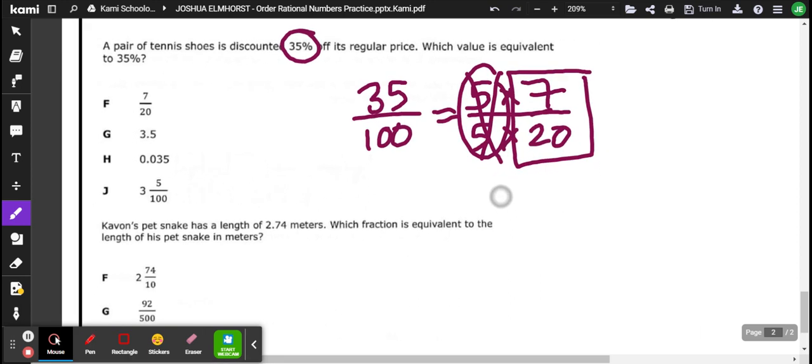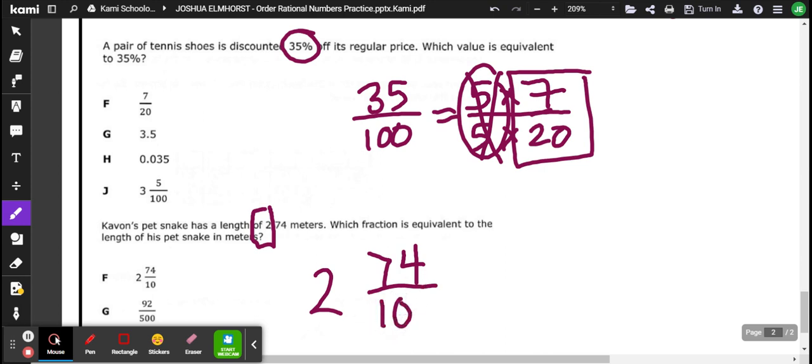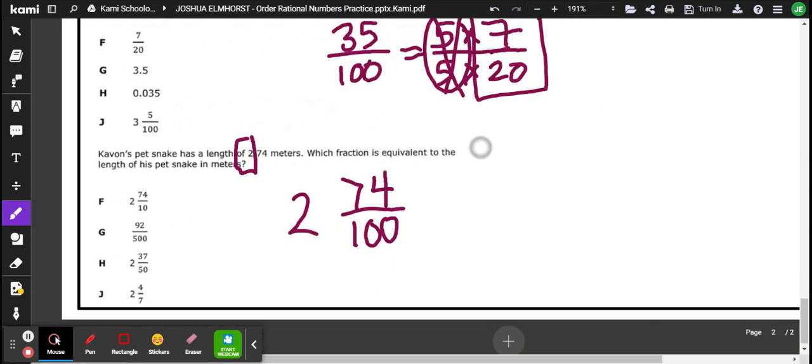And you can do the same thing for the last one. 2 as a whole number stays the same. And then we put 74 over the decimal place value of hundredths. And then we factor it. 74 is an even number. And 2 also works with 100.